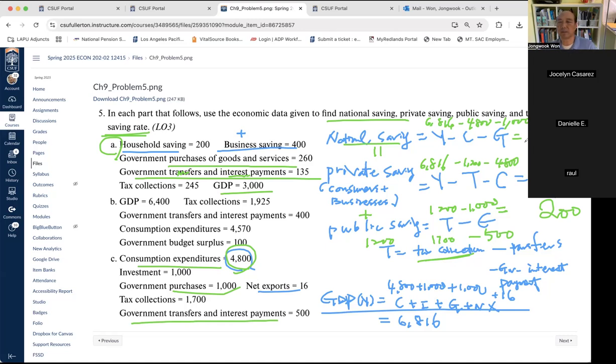National saving is 1,016, private saving 816, public saving 200. National savings rate is national saving divided by GDP, which was 6,816.